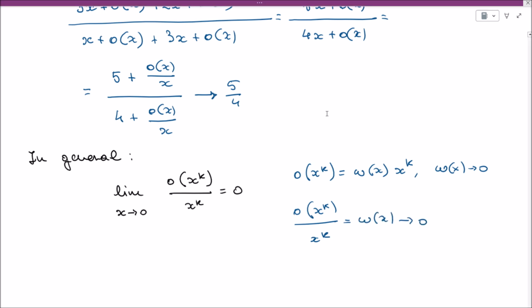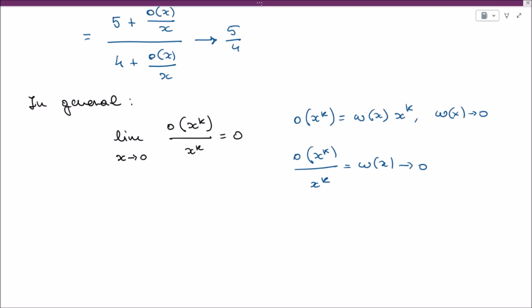Okay, so let's solve another limit now. Example 2.